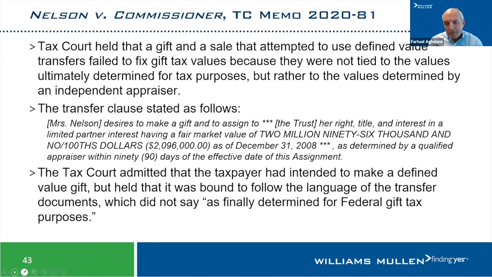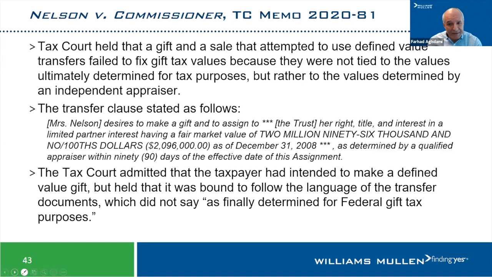And this is sort of the, for want of a nail situation. If instead, in saying she's transferring interest having a fair market value of $2,096,000, not as determined by a qualified appraiser, but as finally determined for federal gift tax purposes, she would have been okay.